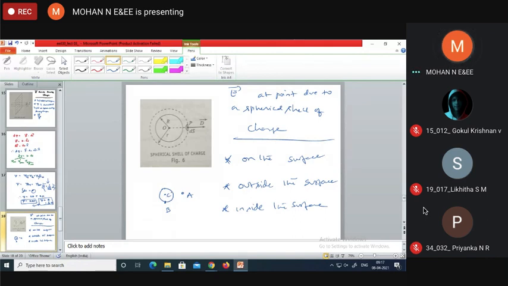Okay, this is what it means. So: the surface, outside the surface, and inside the surface. These are the three items we have to discuss using Gauss law. Any doubts up to this point? So let me discuss the first concept.